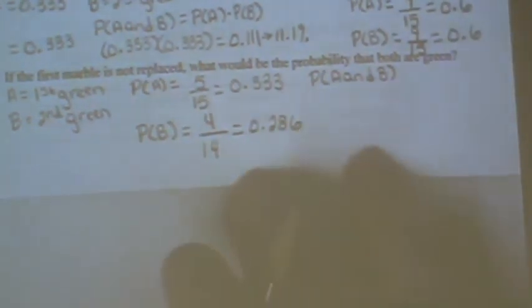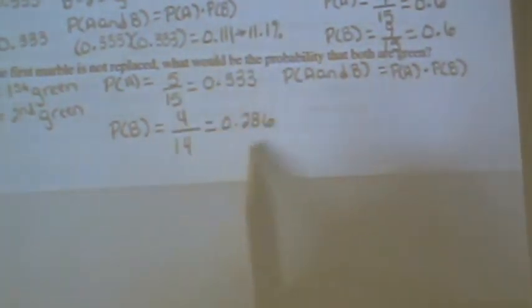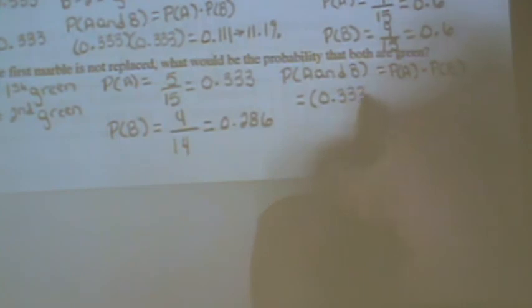So now we need to find the probability of events A and B. That again is still the probability of A multiplied by the probability of B. We know our probability of A, and we know our probability of B. So we're going to take 0.333 and multiply by 0.286.